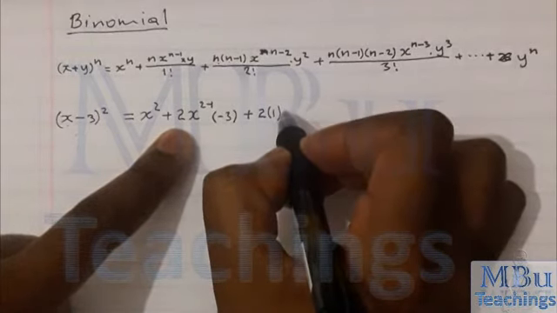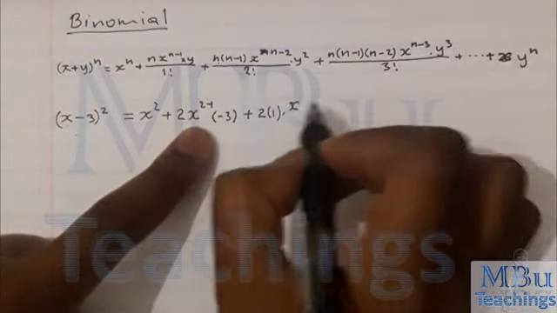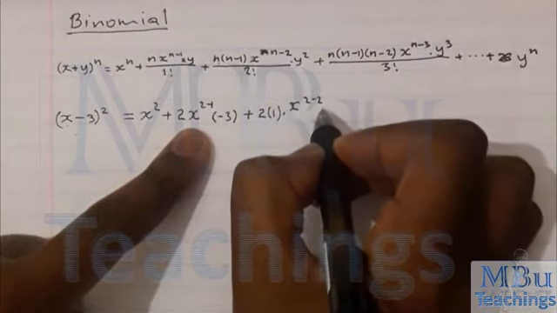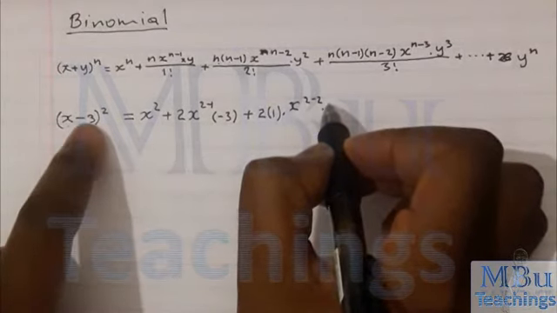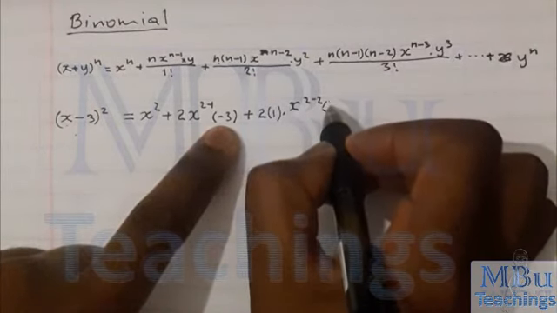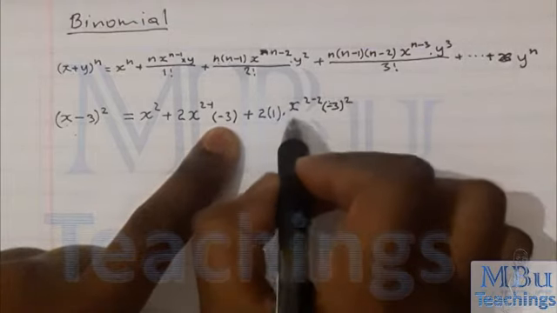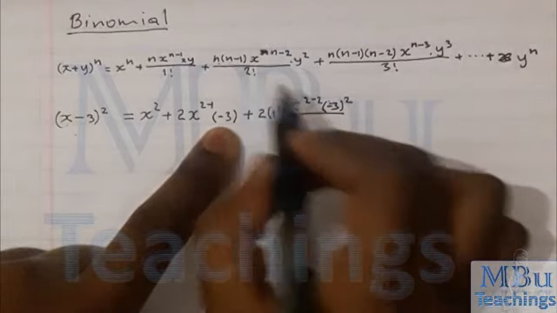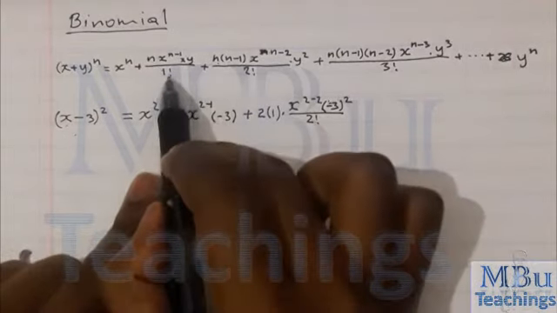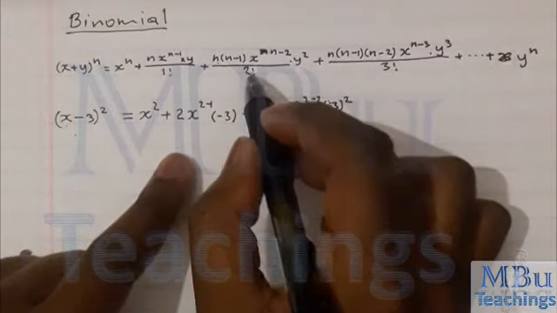Then we'll have times x to the power 2 minus 2 times, again we'll have that negative 3, this time which will be squared. Then we divide by 2 factorial. 1 factorial is 1, so you don't have to divide by that. 2 factorial is 2.